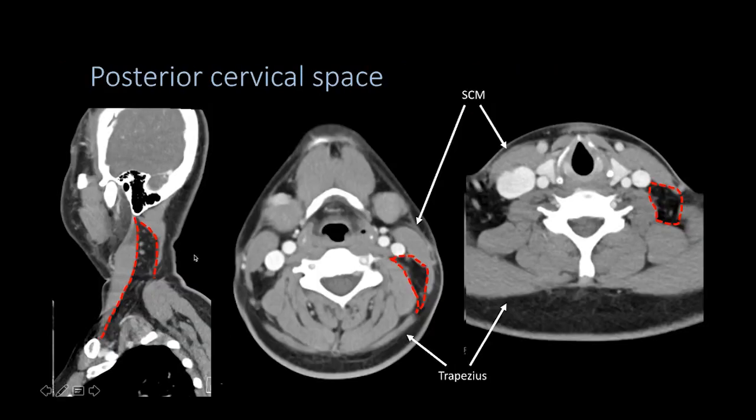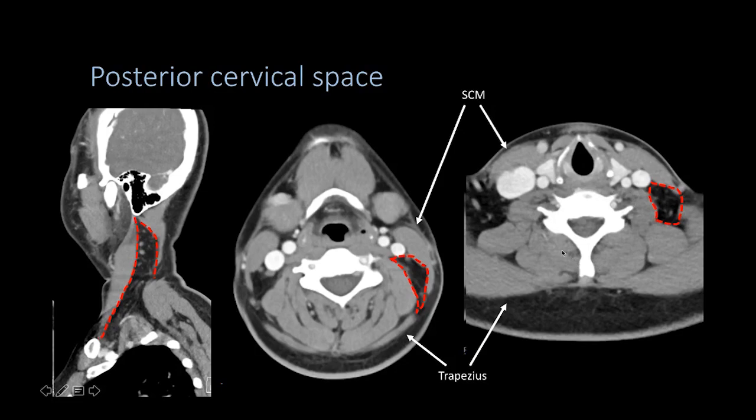So on the sagittal CT image, you can see this fat-filled space with a few lymph nodes inside, posterior to the sternocleidomastoid muscle and anterior to the trapezius muscle. On our axial images, again, we have our sternocleidomastoid muscle superficially and the perivertebral muscles deep to the posterior cervical space, and same relationship here.